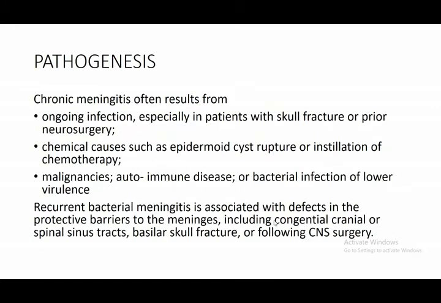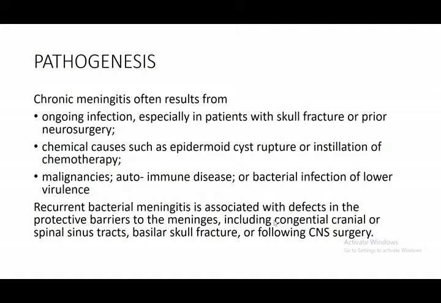Patients with chronic meningitis usually have a subacute onset of symptoms, including fever, headache, and vomiting. These symptoms can remain static, they may fluctuate, or they may slowly worsen. So chronic meningitis results from ongoing infection, which is commonly seen especially in patients with skull fracture or prior neurosurgery or surgical intervention.